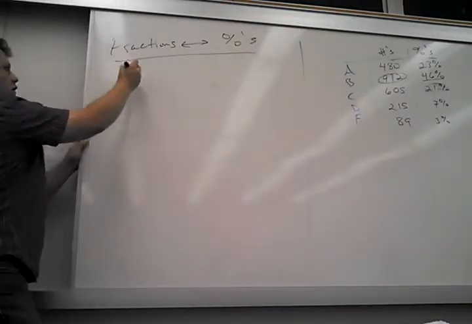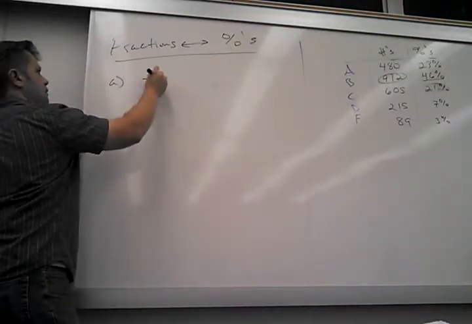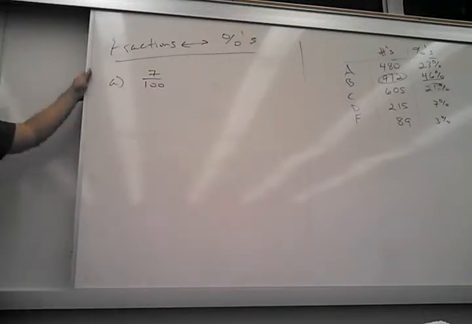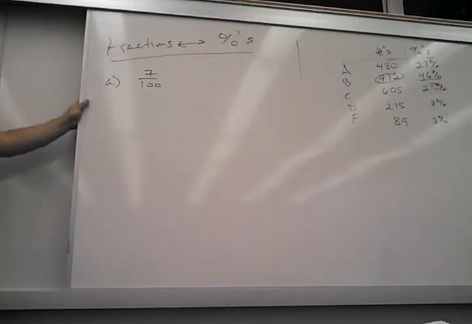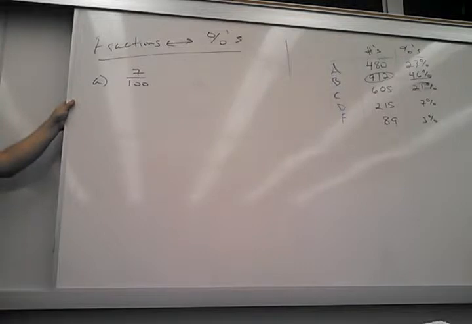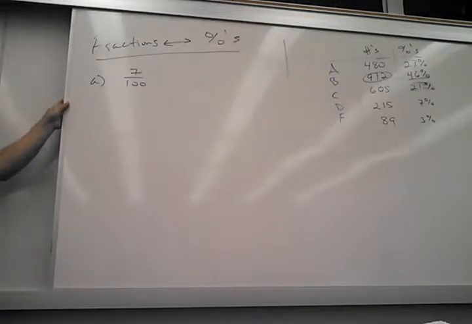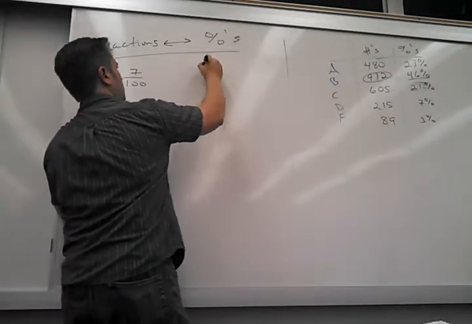So like I said, if I start off with that, here's a really cool way to look at this. The percent symbol is like the number 100 reorganized, because percent means out of 100.